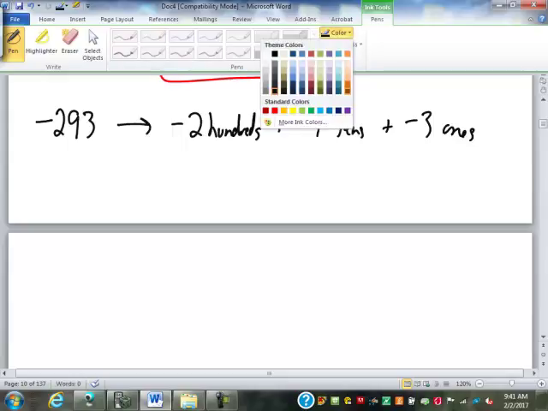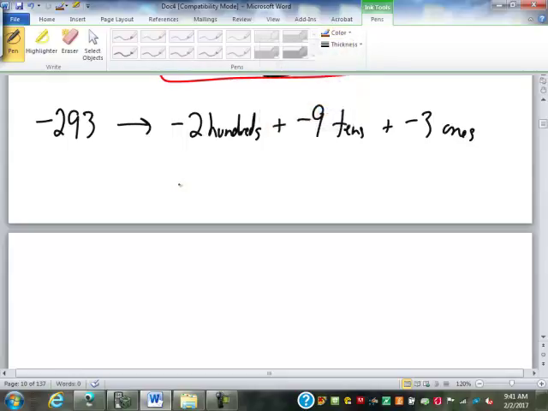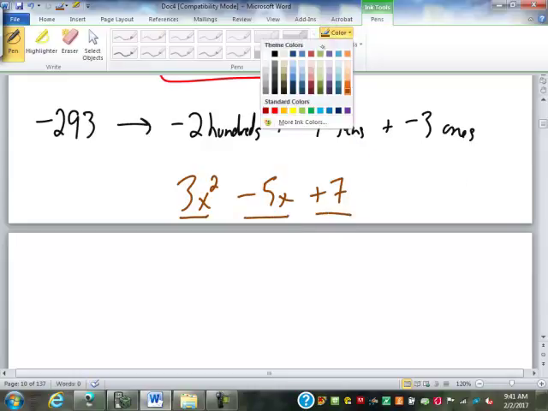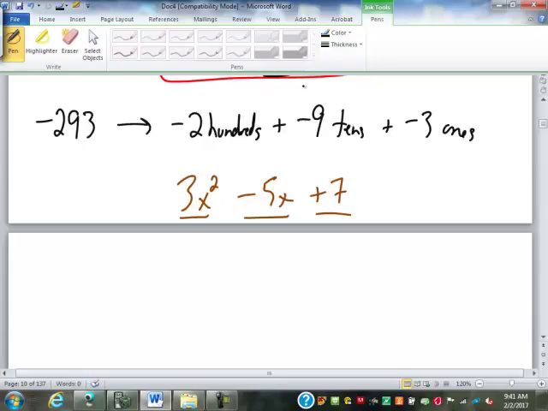In an algebraic number, I can have 3x squared minus 5x plus 7. Each digit can be positive or negative on its own. This is a positive 3x squared, but it's a negative 5x, a positive 7 ones. So when I'm adding or subtracting or whatever with these, that can be a little bit of a complication.